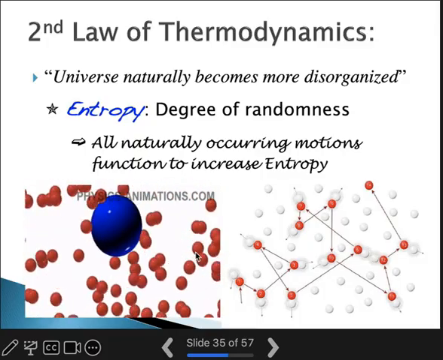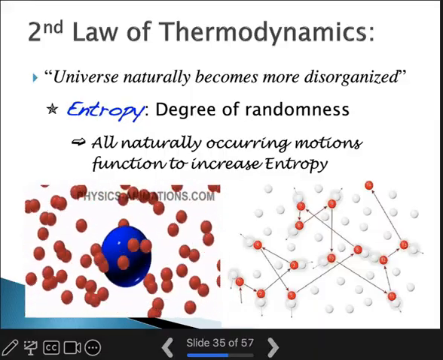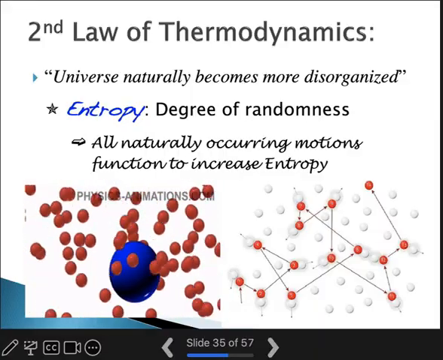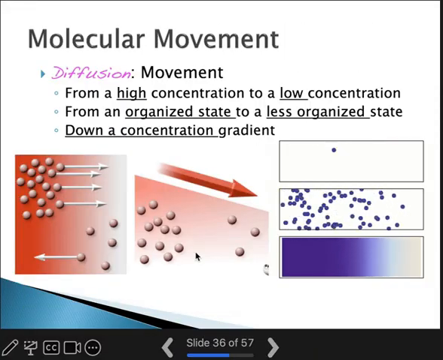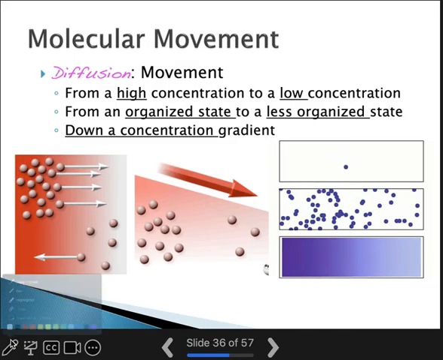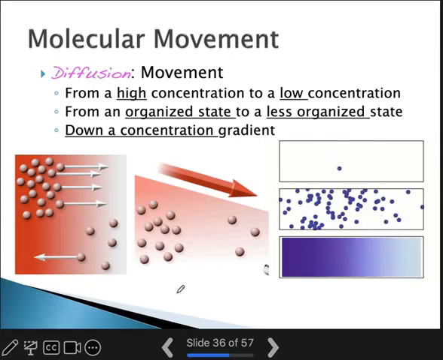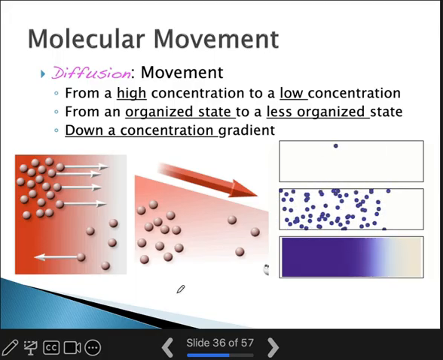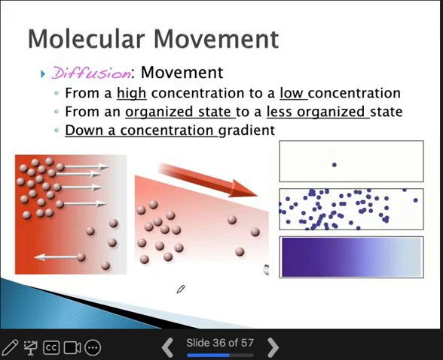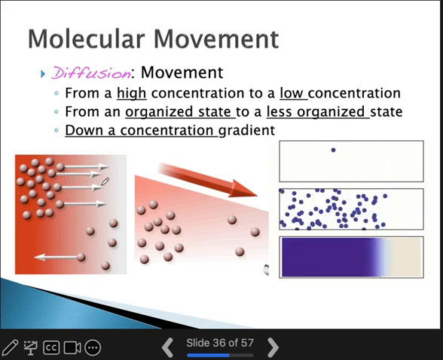Now with that in mind, we're going to start to look at how this works in the body, within environments of cells. And we're going to begin with looking at diffusion. Diffusion is a term that you have probably spent a lot of time talking about in general bio and in physics and in chemistry. Diffusion is the movement of particles from where there are more of them to where there are less of them.